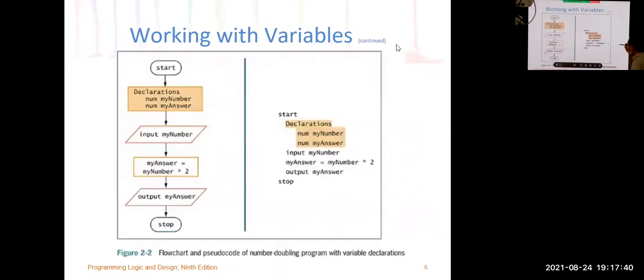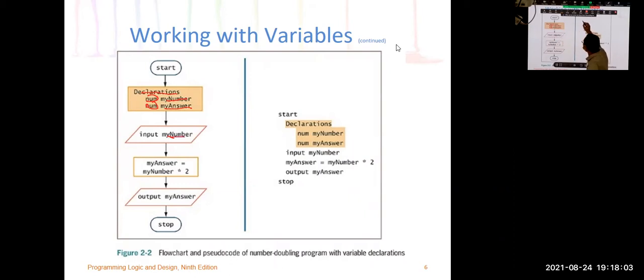Okay. So for this one, you are working with variables. The first thing you do is declare the two variables. So you have two variables, my number and my answer, and they are in number format here. They are number format, right? After that, you get input from the user, input my number.